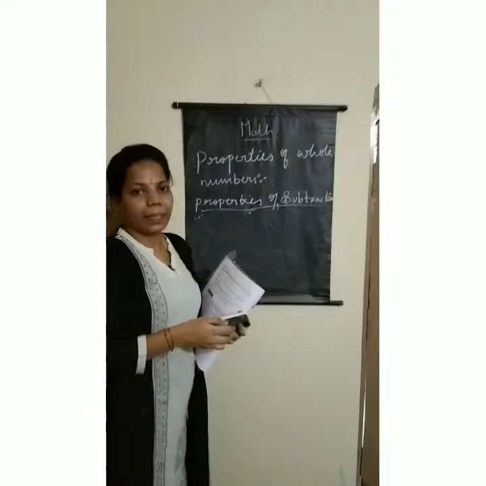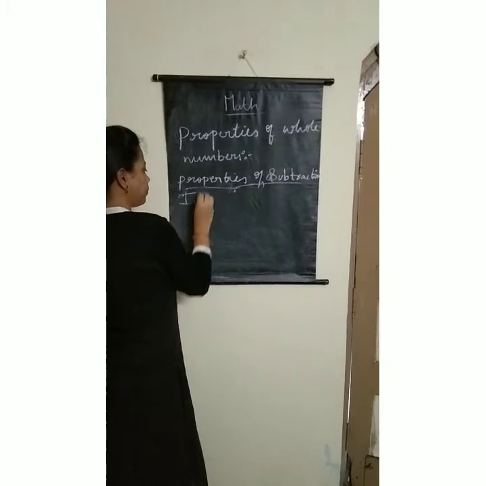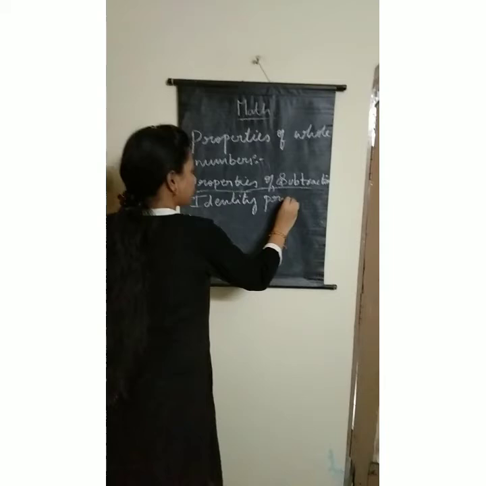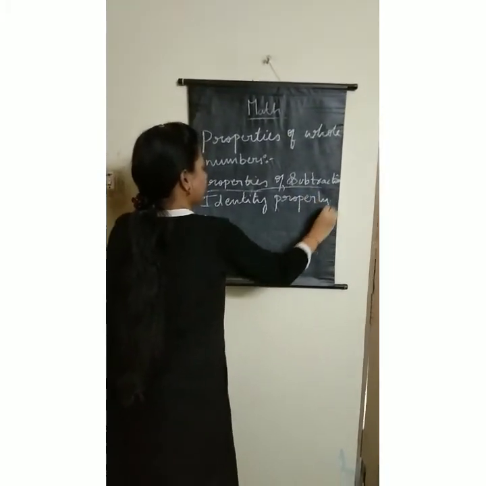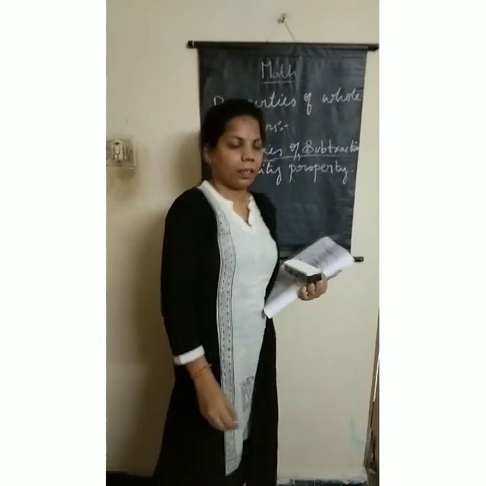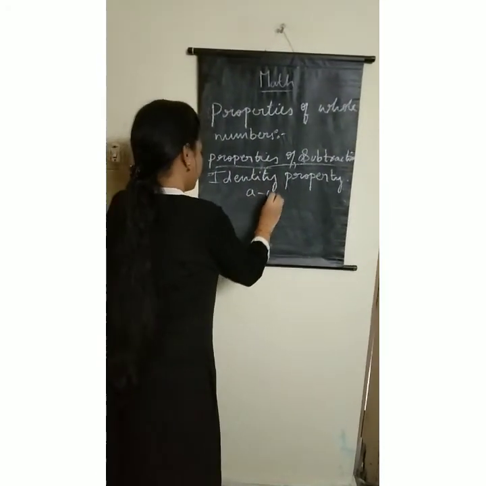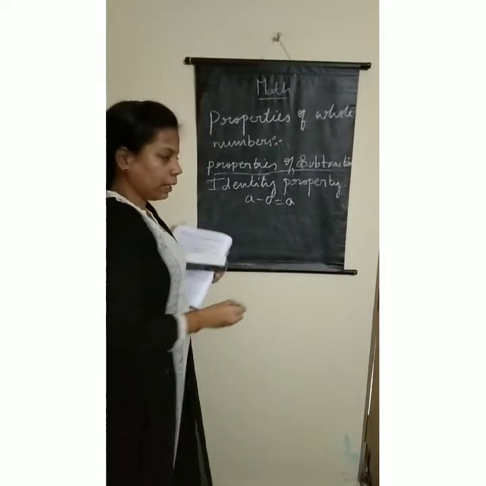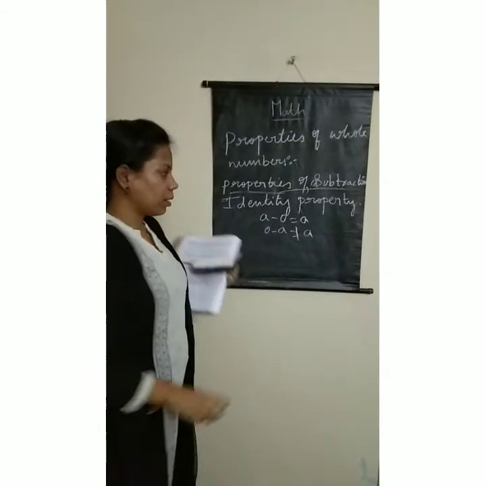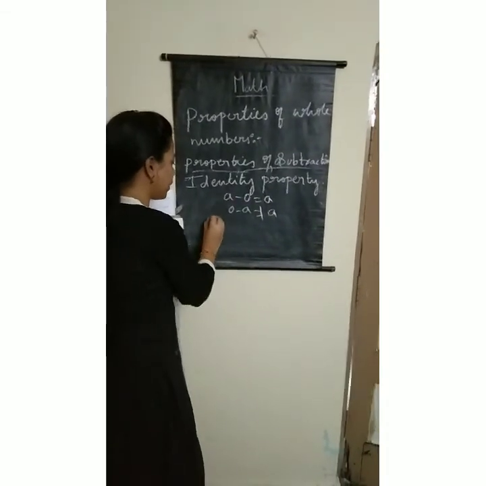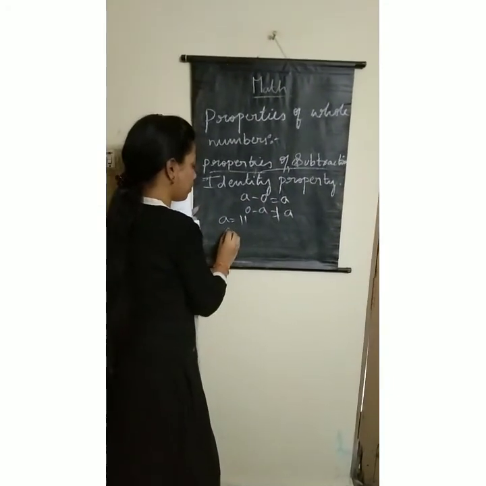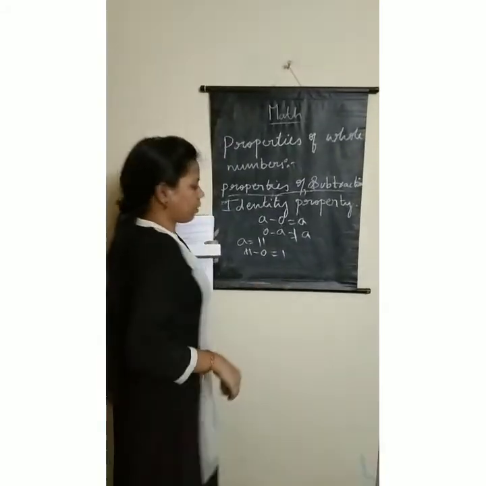Next we will see identity property. If A is a whole number, then A minus 0 is equal to A, but 0 minus A is not equal to A. See here, if I take A is equal to 11, then A minus 0 means 11 minus 0 is equal to 11.